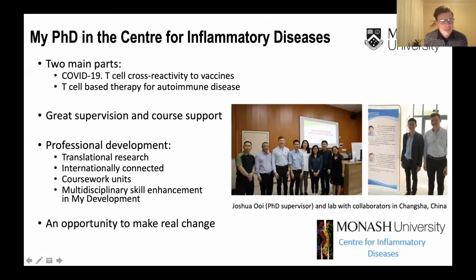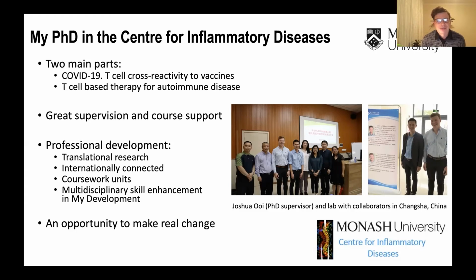My PhD is broken into two main parts. The first part is a COVID-19 project, because there's no time like the present to do that. It's looking at T-cell cross-reactivity to vaccines. The next part of my PhD is a project looking at developing a T-cell based therapy for autoimmune diseases such as lupus.